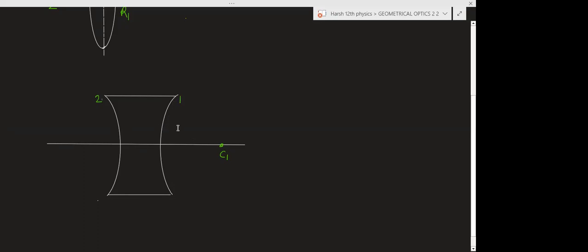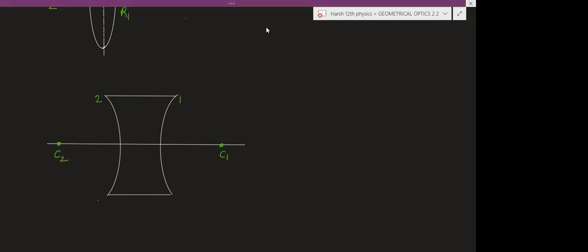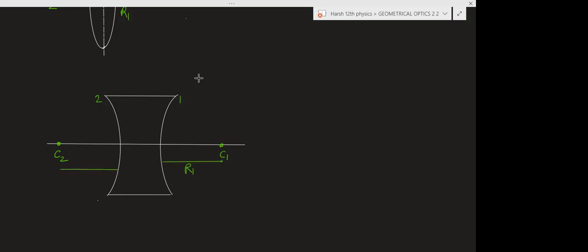So for this first surface, this is the center of curvature C1. For the second surface, the center of curvature is C2. Now for the radius of curvature, this distance will be the radius of curvature R1, and this distance you can take as the radius of curvature R2.